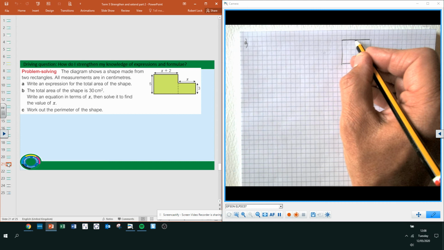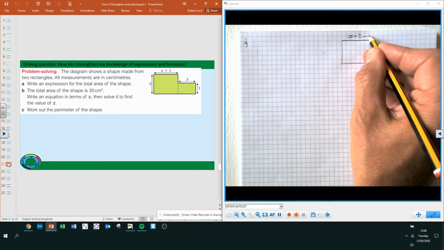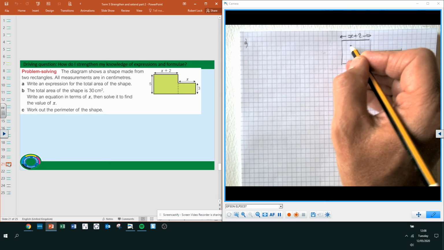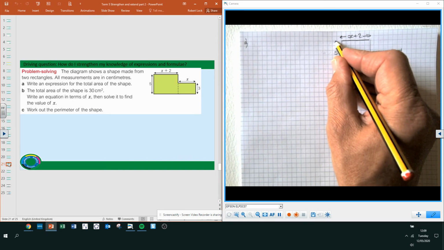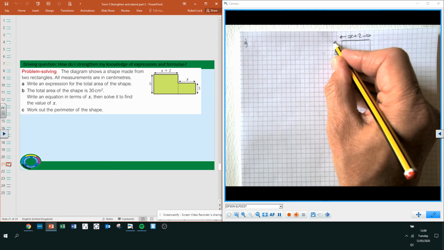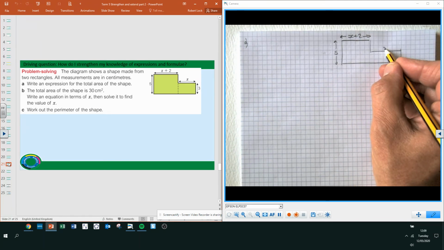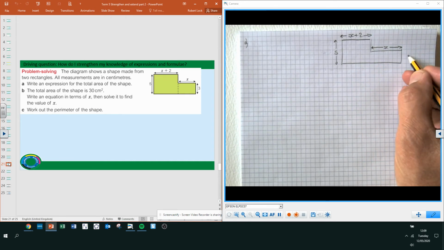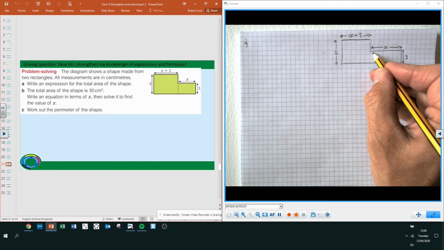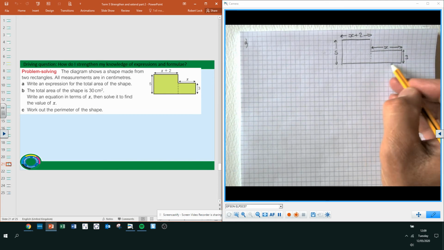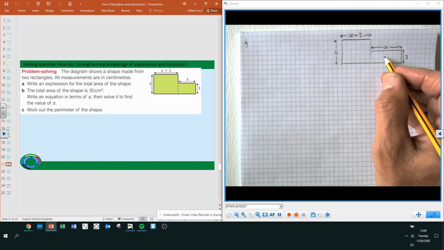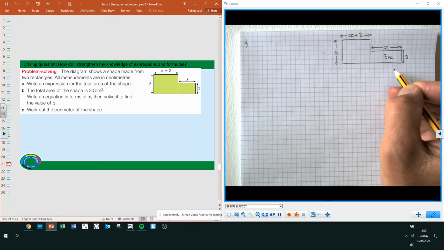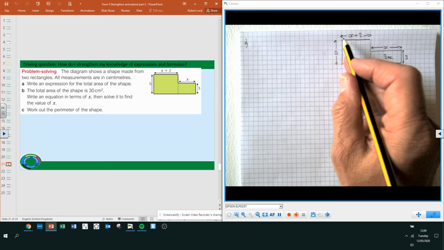So we've got here x plus 2, 5, x, and 3. A little dotted line over there helps out. So this area here, x times 3, or 3x. This area here is 5 times that lot there.